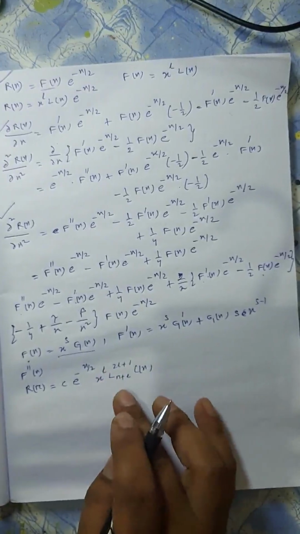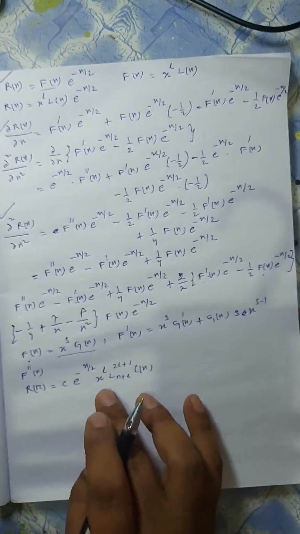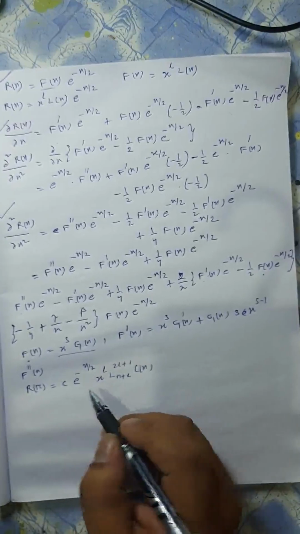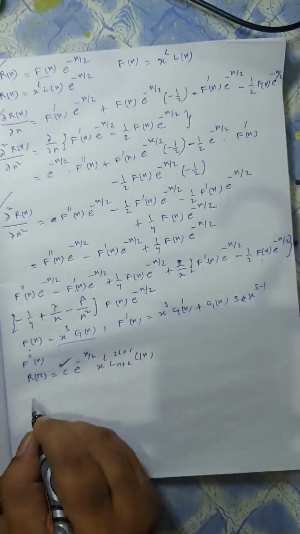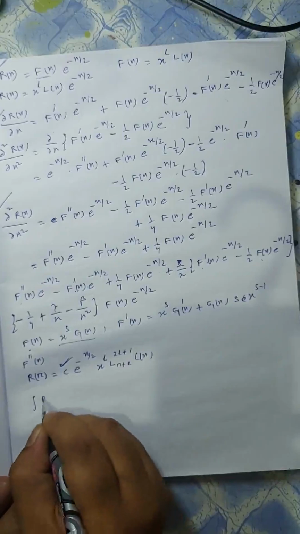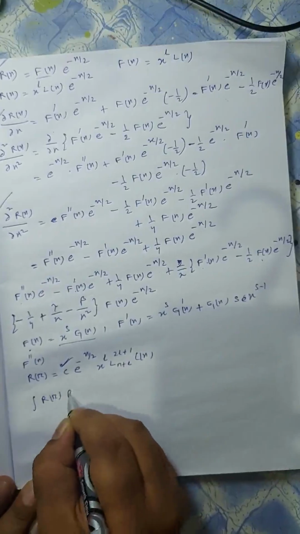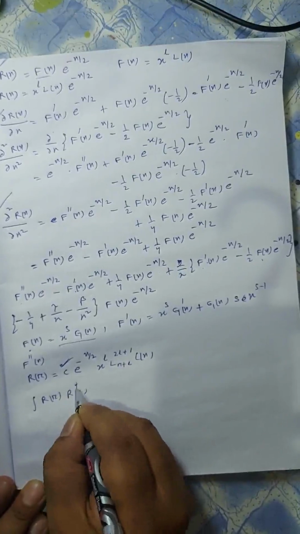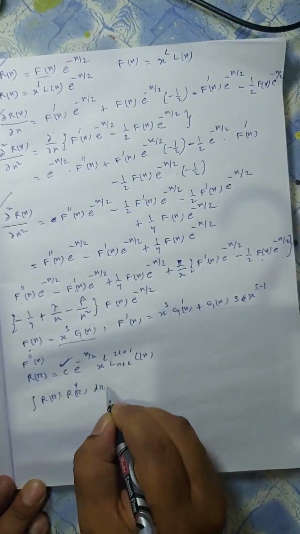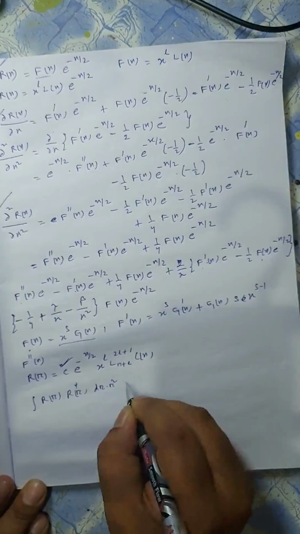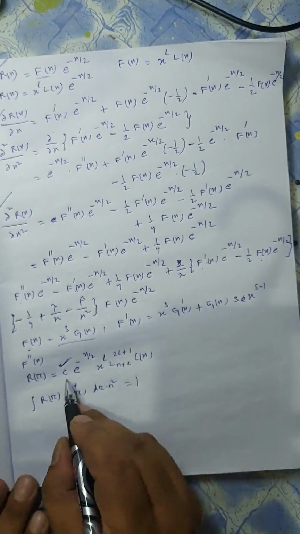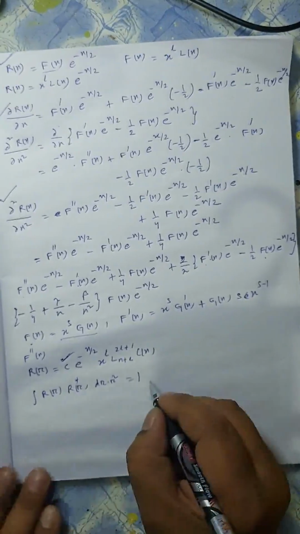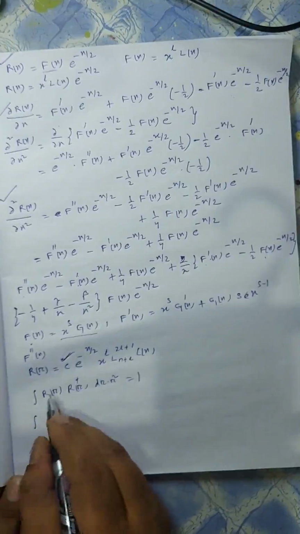We have to prove this one, and after getting this R(r) value, we have to find out the value of C. How to find out? Now, using the normalization condition, integral of R squared dr is equal to 1. Then what we do? Now we put this value in place of R(r).